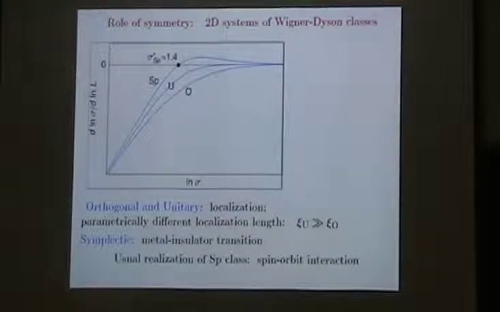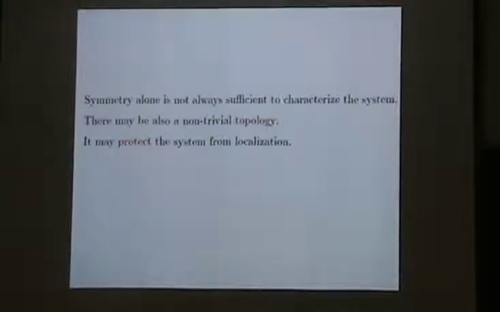When you include all 10 classes, of course, you get a much richer zoo of these types of behavior, but it's not the whole story because in addition to symmetry, there may be a non-trivial topology of these field theories, and it may change the behavior, and in particular may protect the system from localization.